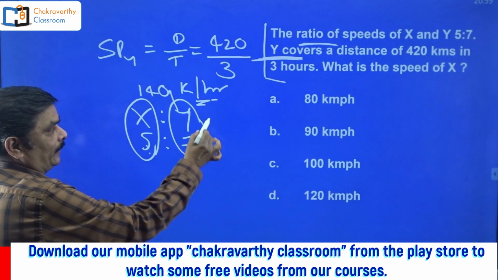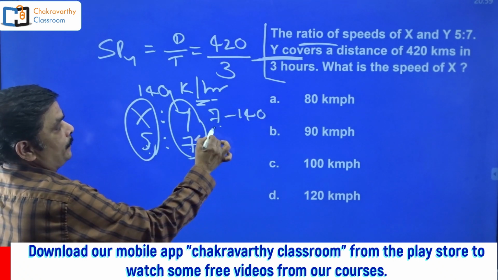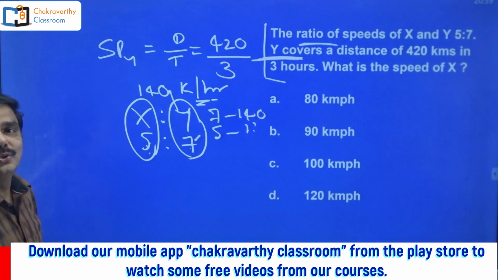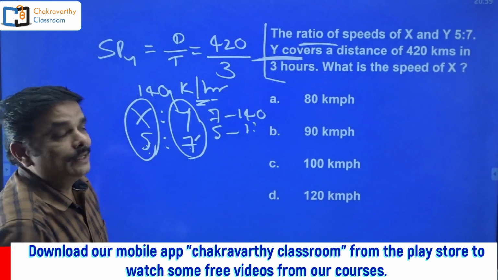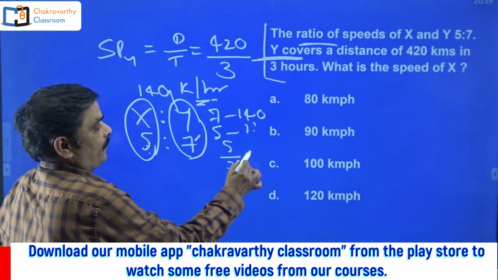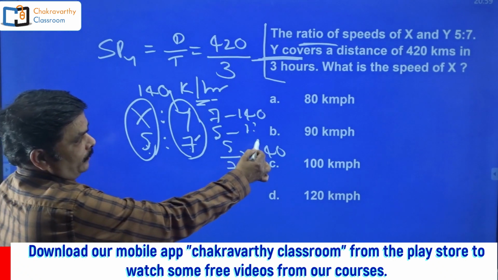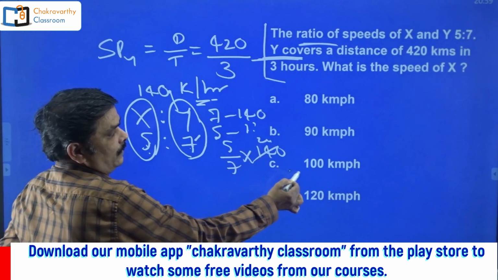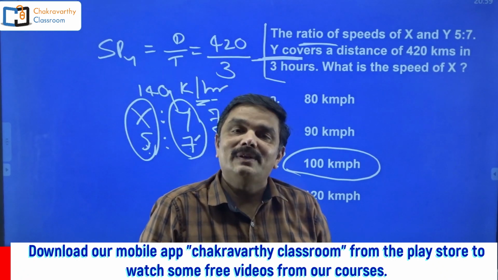Simply, we need to go like this. 7 parts is equal to 140. Then 5 parts is how much? Why 5 parts I am taking? Because I need the speed of x. So 7 is 140. 5 is how much? My answer is 5/7 into 140. Just simplify this one. This is 2 times. That is 20 of course. 25 is 100. This is how we need to go for the questions.